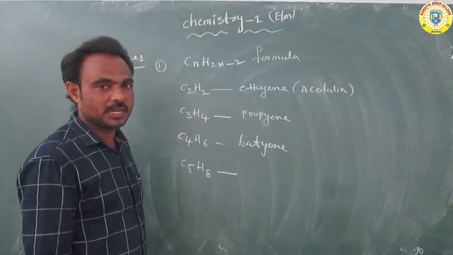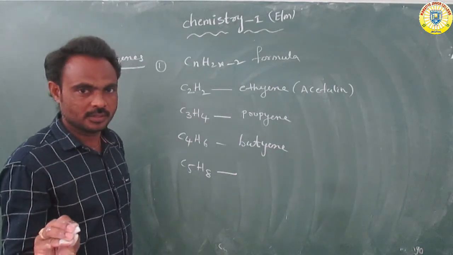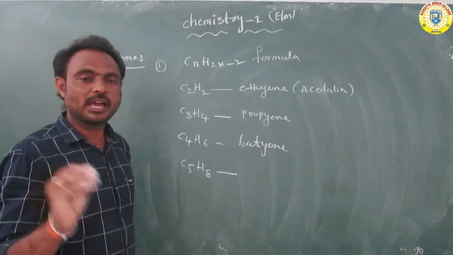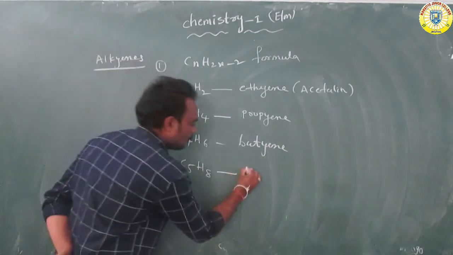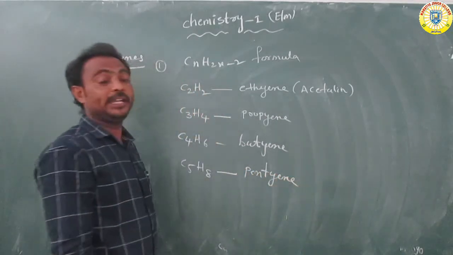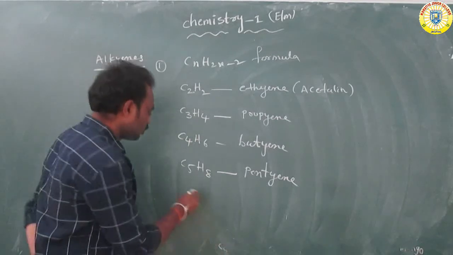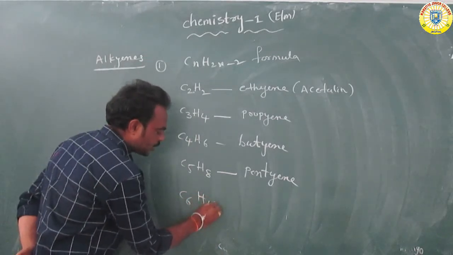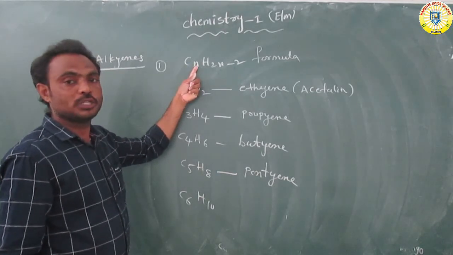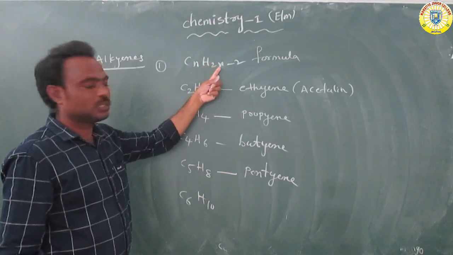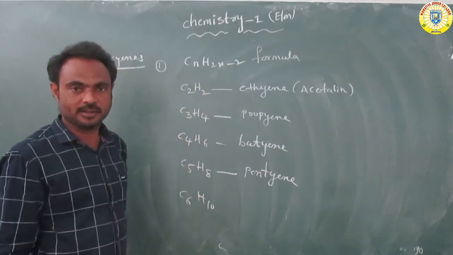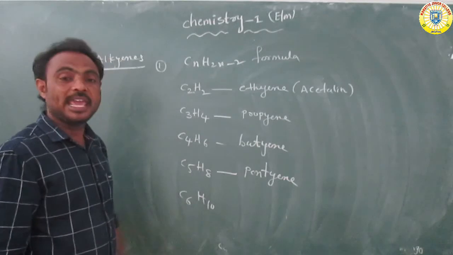How many carbons? 5 carbons is penta, so pentyne. Or suppose n equal to 6: C6H10, since 2 times 6 is 12, minus 2 is H10. So overall hexyne.